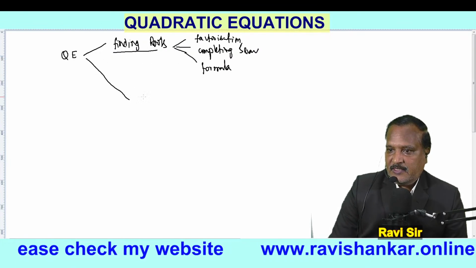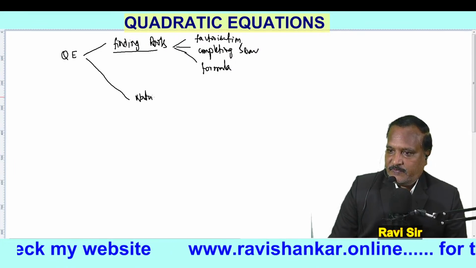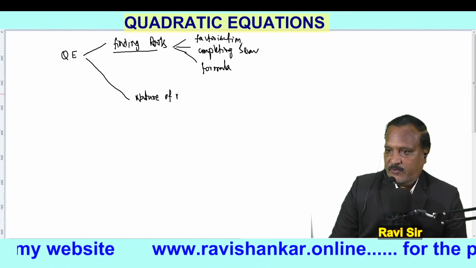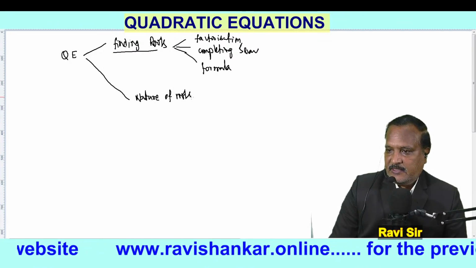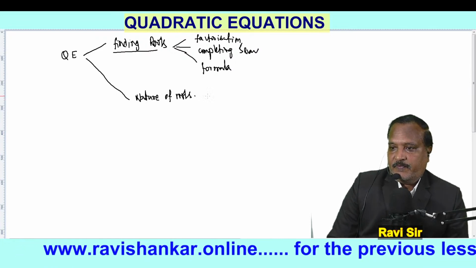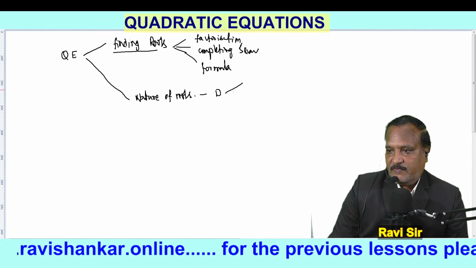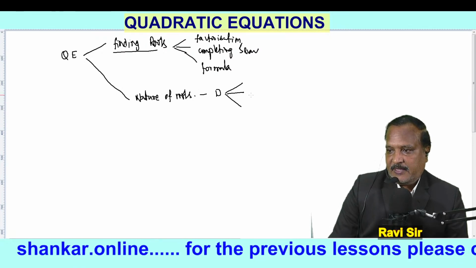And there is another concept: nature of the roots. That means discussing the nature of the roots. After finding the discriminant, we have some conditions.